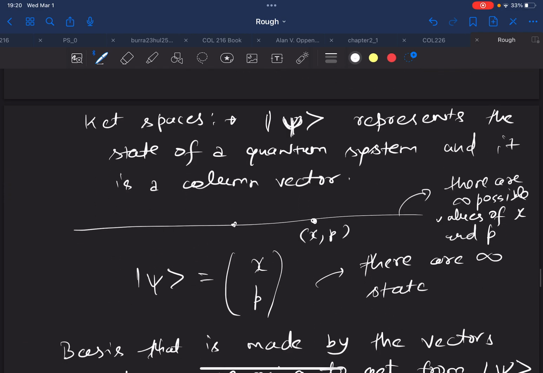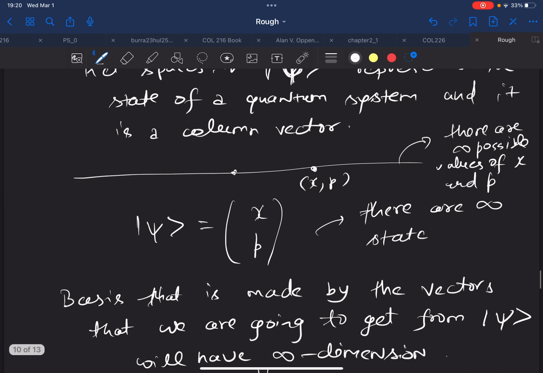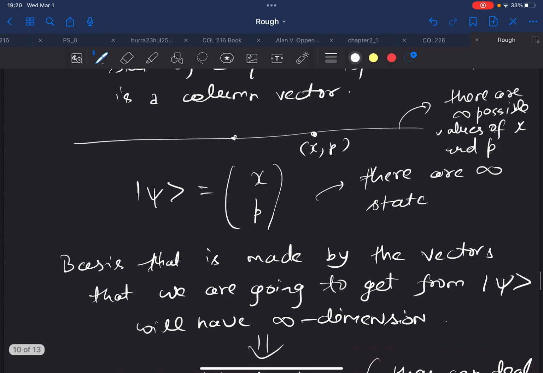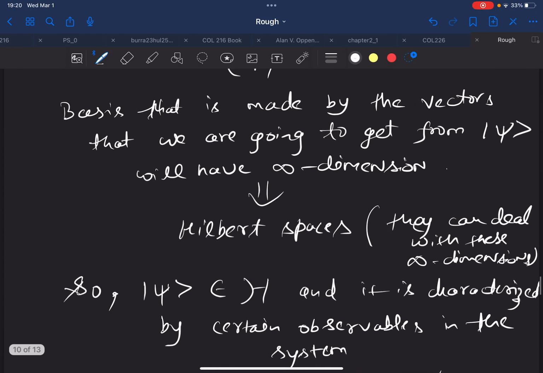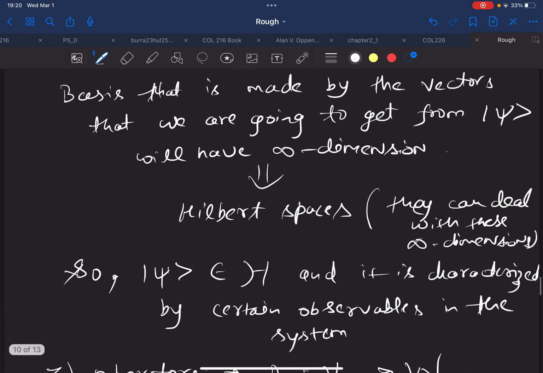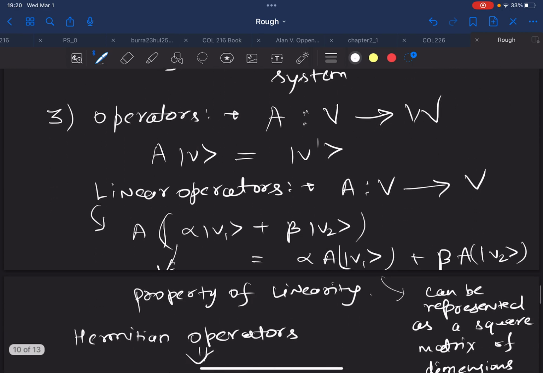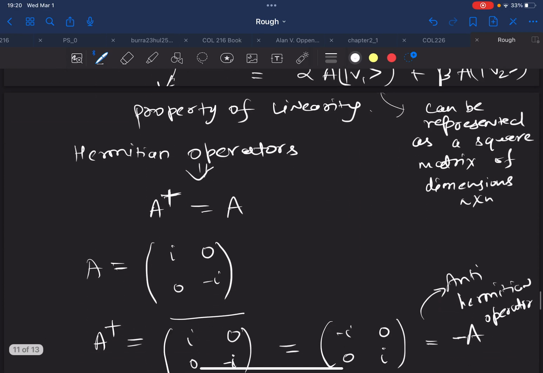Then we got to know about Ket spaces, which are column vectors that are used to represent states in quantum mechanics. Then we learned how to deal with infinite states of a system using Hilbert spaces. Then we learned about operators, especially linear and Hermitian operators.